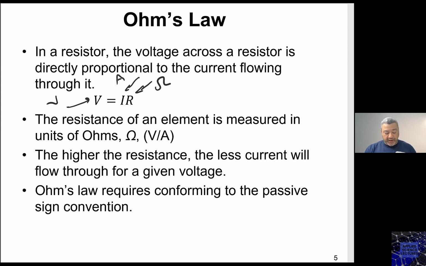Something to keep in mind is that for a passive component like a resistor, the current is always entering the positive terminal and leaving the negative terminal. So this is always the case for the resistor.